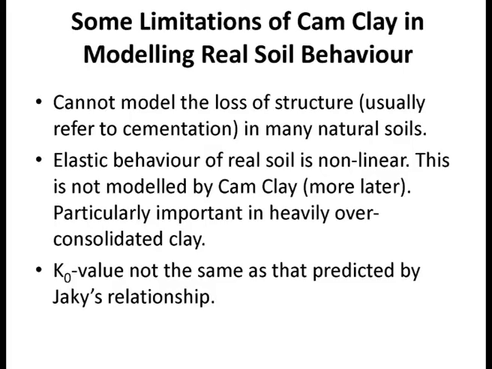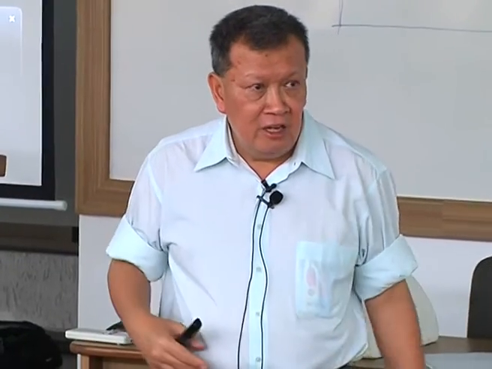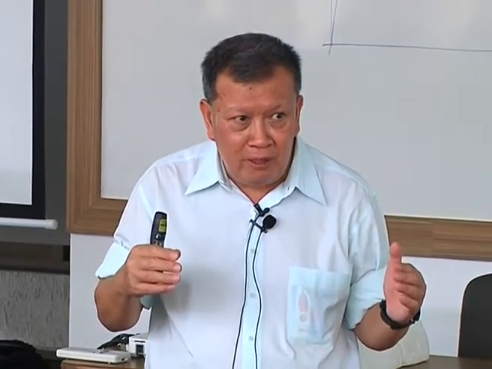And the second thing is that the elastic behavior of soil is not modeled by Cam clay. The reason is because when the guys first started Cam clay, they were all looking at the wet side of critical. And so on the wet side of critical, the soil is lightly overconsolidated, it's normally consolidated. The moment it yields, the plastic strain will overpower the elastic strain. It's much larger than the elastic strain. So whether you model the elastic strain properly or you don't model it properly, you get a reasonably good prediction.